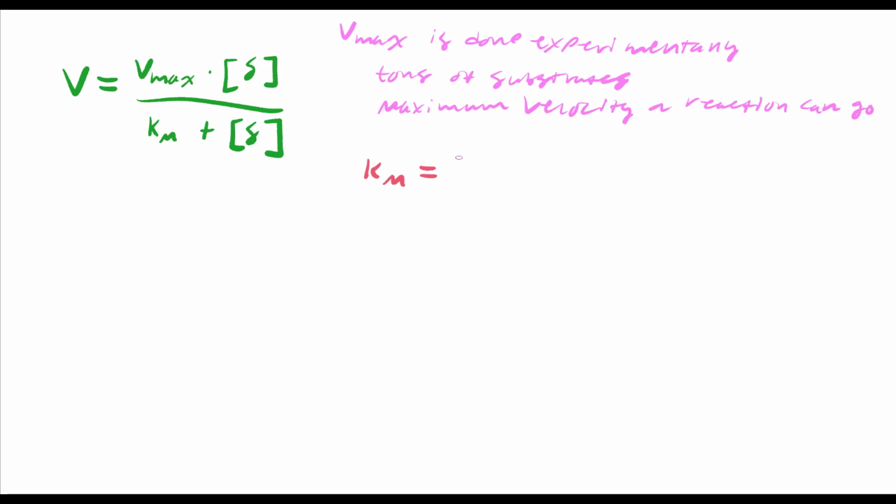So in the previous equation, you remember from the last page, you can have something like K2 plus K negative 1, and then divide that by K1, okay? Now the units are usually in concentration, so something like molar. There are different units for it. And essentially, like I was saying, it's the measurement of affinity or binding.